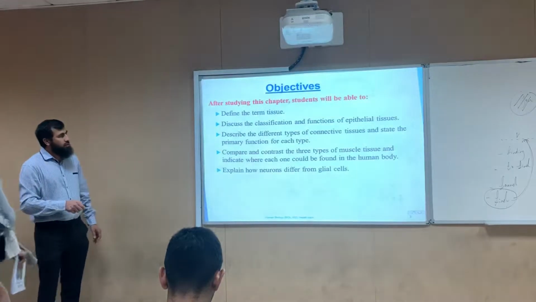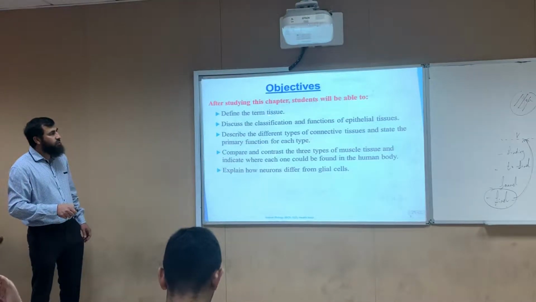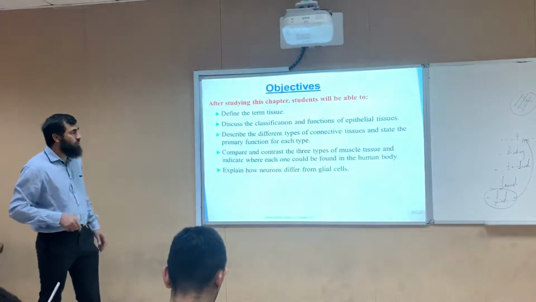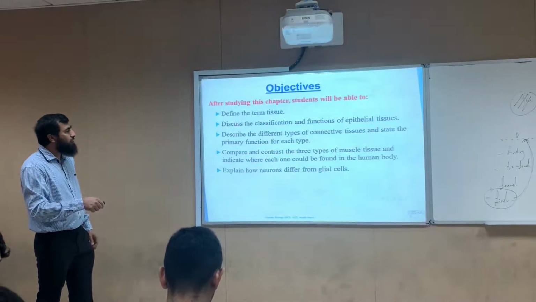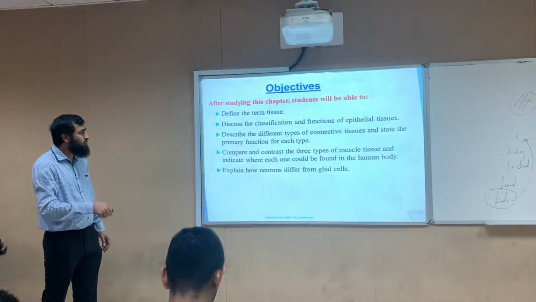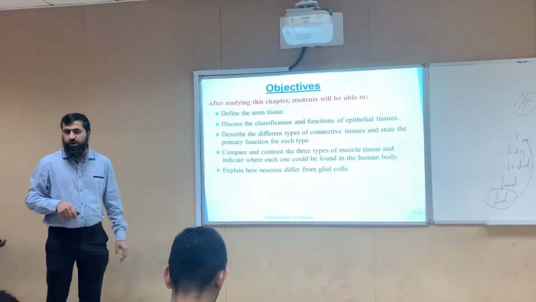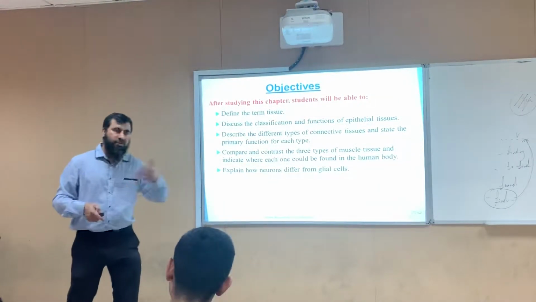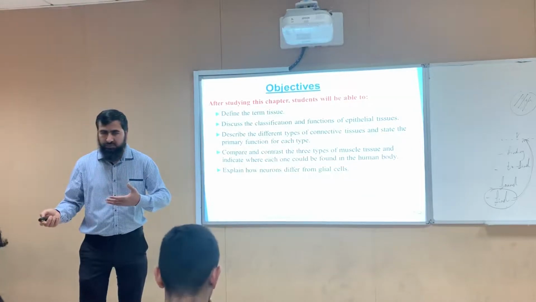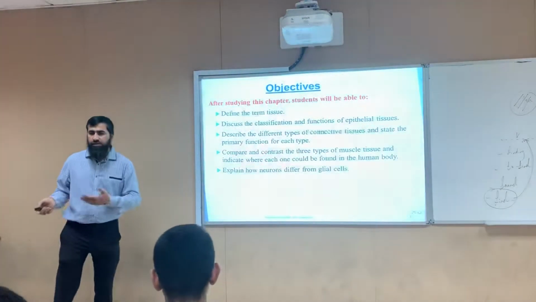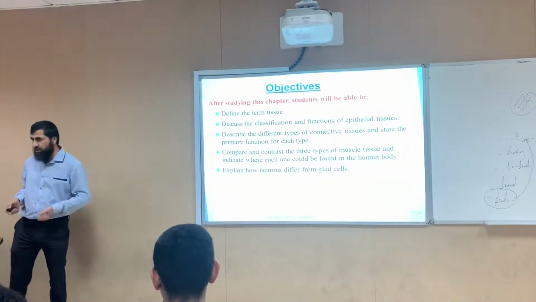Now, in terms of your objectives, first by the end of this chapter, you have to define what tissues are, and then discuss and compare and give the function of the 4 different types of tissues, okay? So you should be able to tell me, if I give you a tissue, what is this tissue and what's its function, okay? So the anatomy and the physiology of those different tissues, okay?